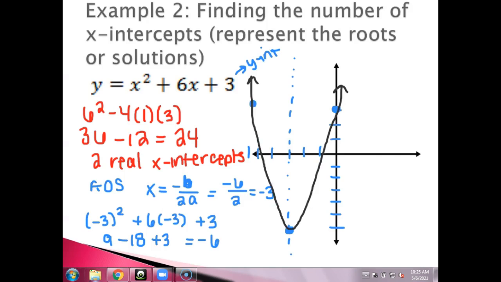So we can see, and if you remember from lesson 5.2, the roots or solutions are where the graph crosses the x-axis, and I can see that this crosses twice. So the discriminant gives me that same piece of information that we got from graphing.